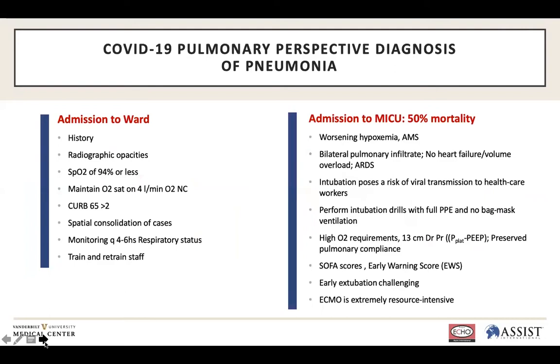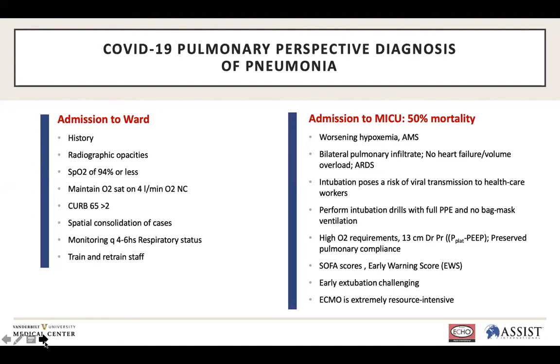So when and how do we make a diagnosis of pneumonia, and how do we bring patients either into the hospital on a regular ward, or when do we decide to bring them into the intensive care unit? Well, first we admit them on the ward based on history, based on the fact we're concerned that they're not ready to go home because they have radiographic abnormalities.